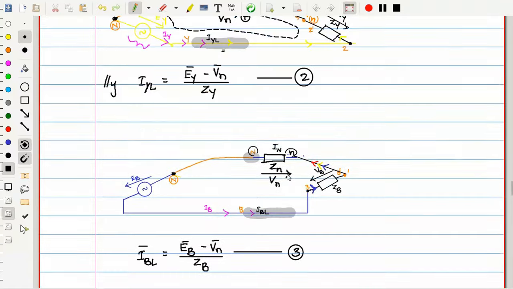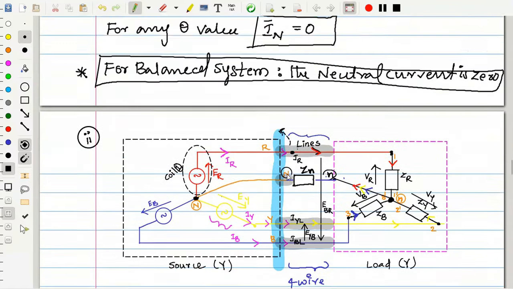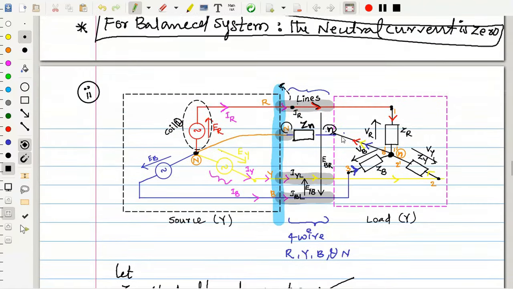Once I consider these three cases together in this diagram, see that the neutral current IN is equal to the sum of these three currents, that is IR, IY and IB.